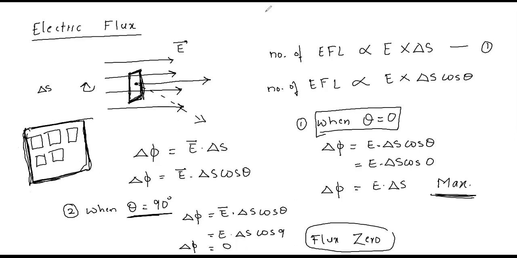Okay, let me clear the screen and then I will draw it neatly. See, if I consider one large area, say this is one large area S. This large area S is made up of many small area elements delta S. So in the previous explanation, we just considered one delta S and we arrived at the expression of electric flux.